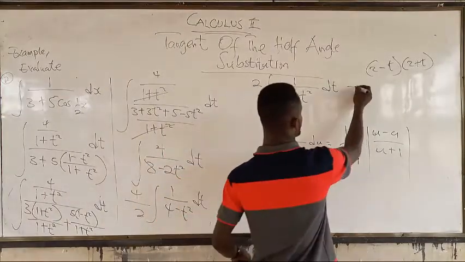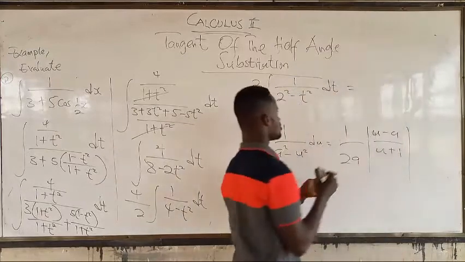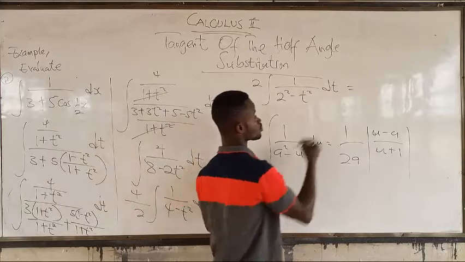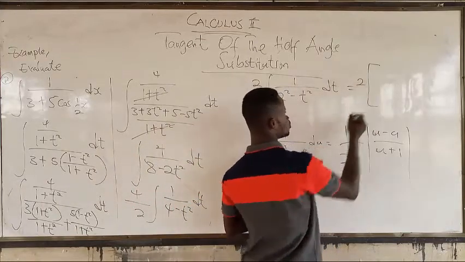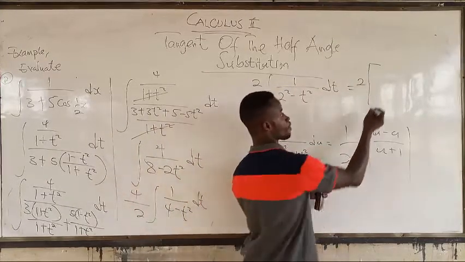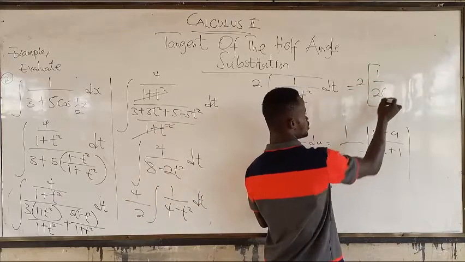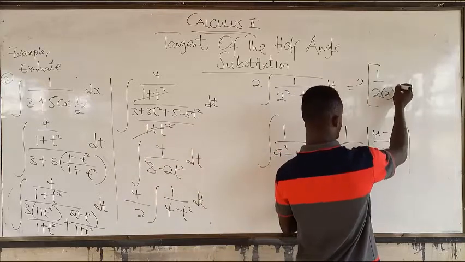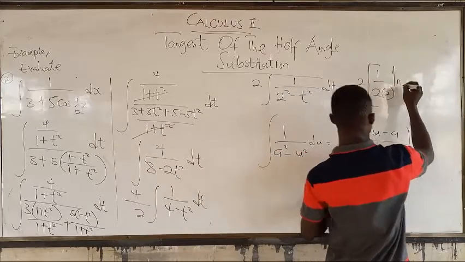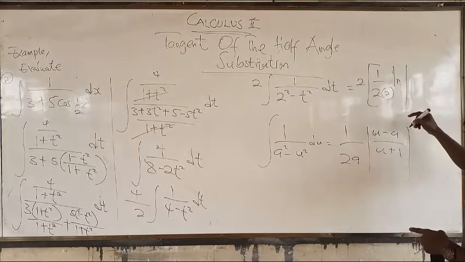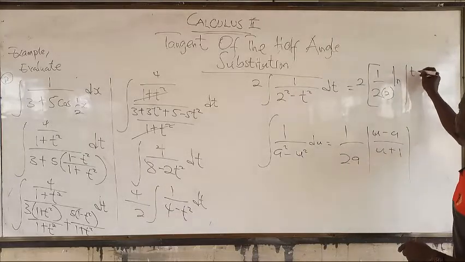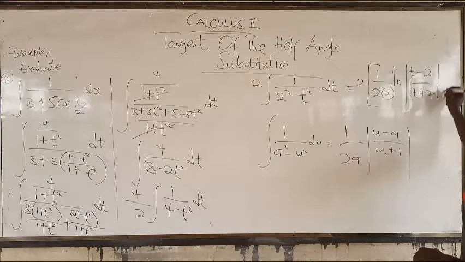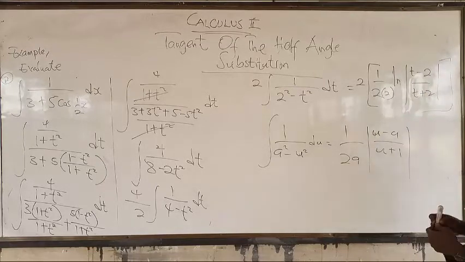So, by substitution, this is just going to give you 2 multiplied by 1 over 2 times a. The a here is 2. So this is going to be t minus 2 over t plus 2. That's exactly what we have.